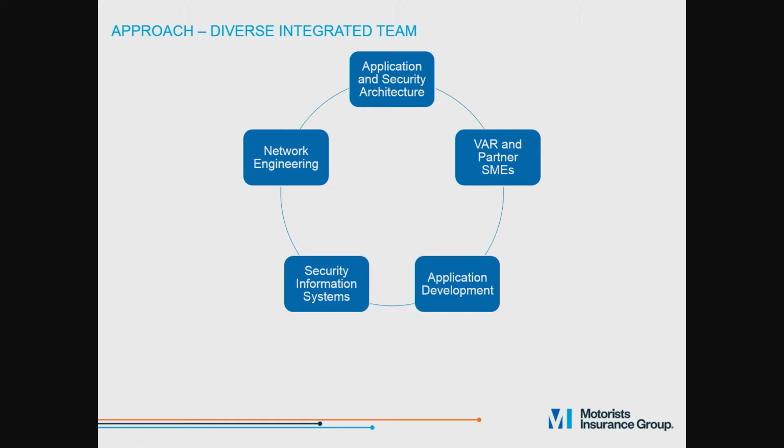And we also realized that we didn't have all the subject matter expertise at Motorists. So we leveraged people from F5. We leveraged from a partner, Nexum. We had an excellent engineer come in from Nexum, a subject matter expert in APM. We leveraged an engineer from Okta as well.